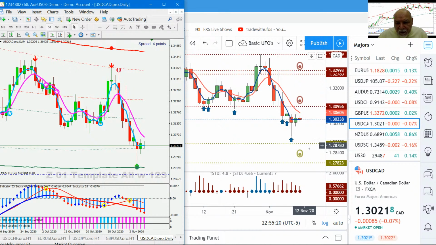I'm going to set my initial target here at the first UFO sell zone, which is at, well, let's see, 1.30956.